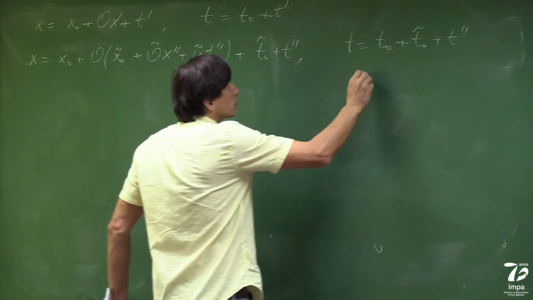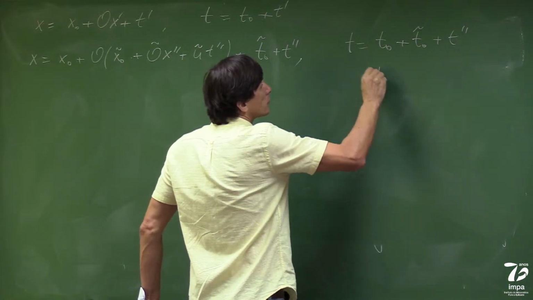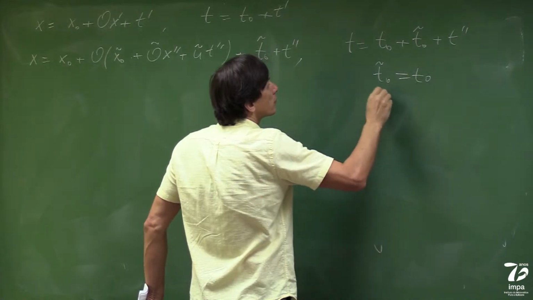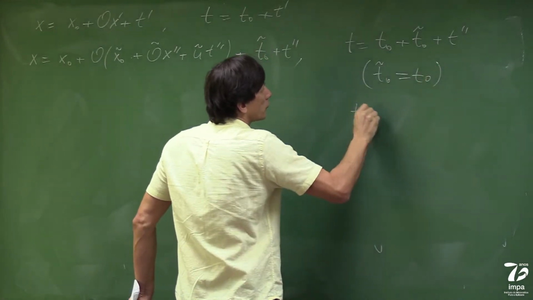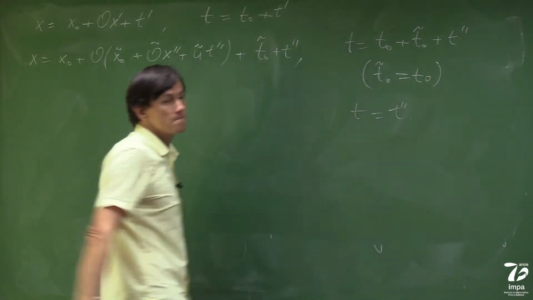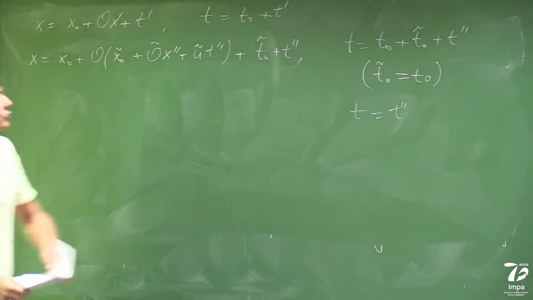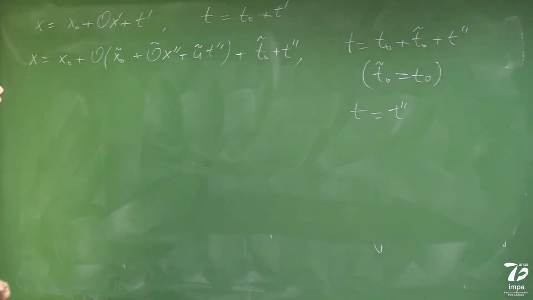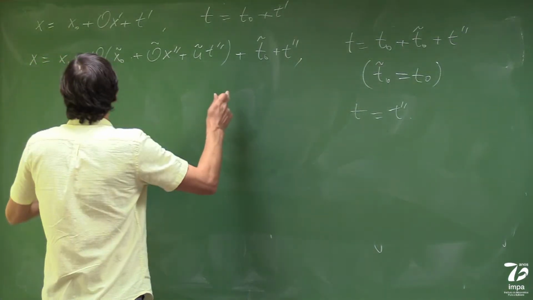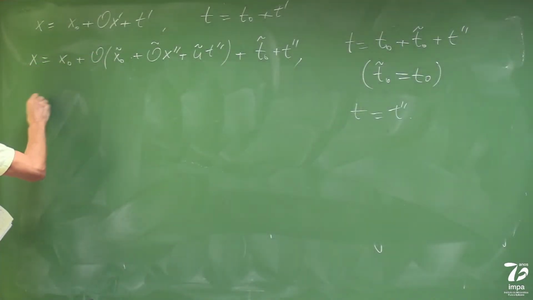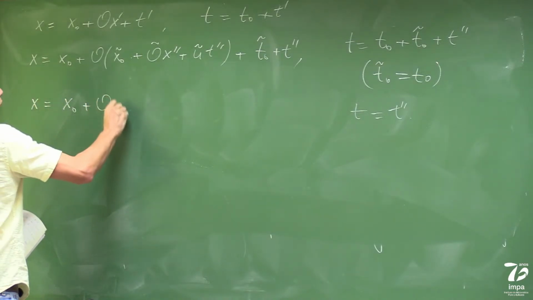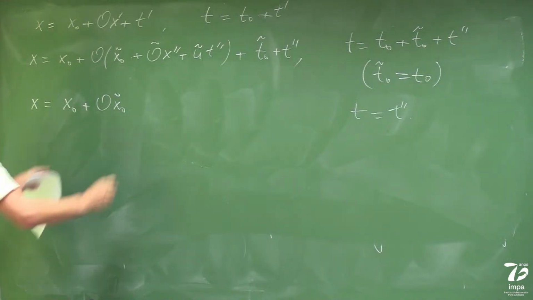And what we need is that, if we take t0 tilde equal to t0, then here you get identity, right? So if you choose this connection, you have identity, which means that in this expression, what will be left is x0 plus O x0 tilde.